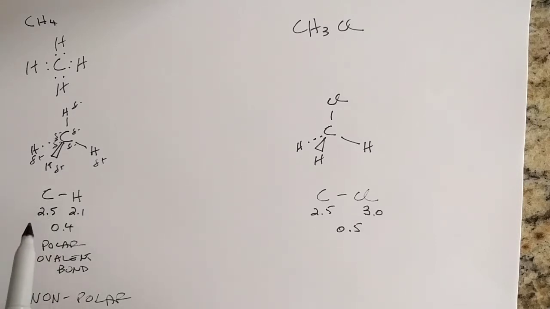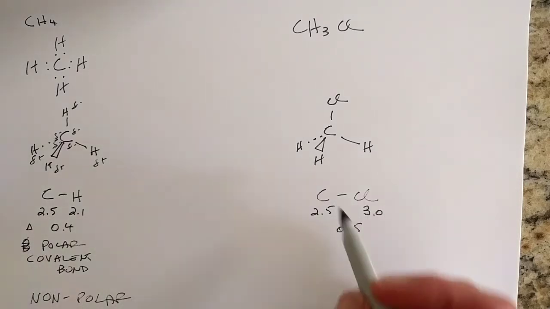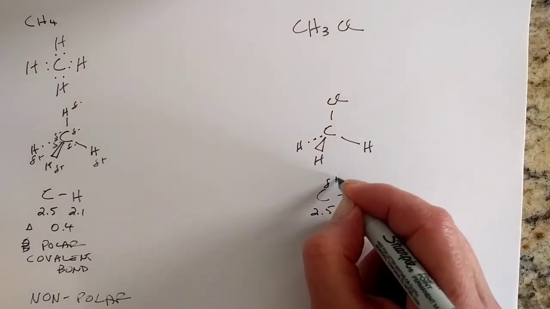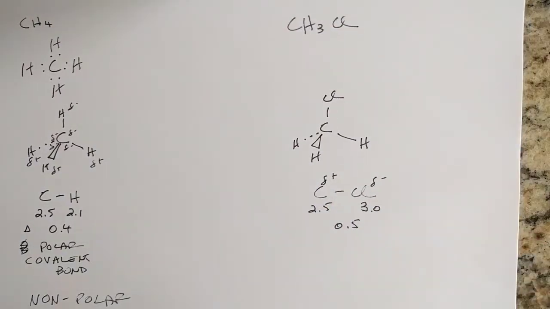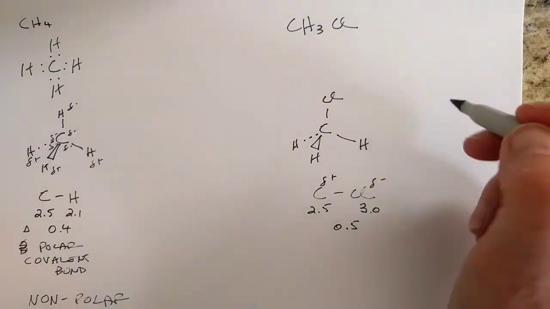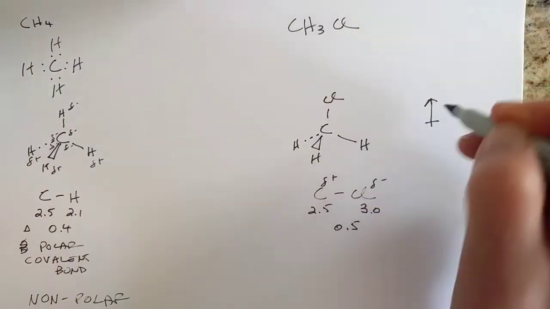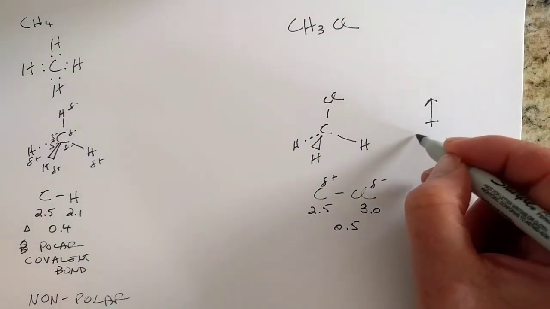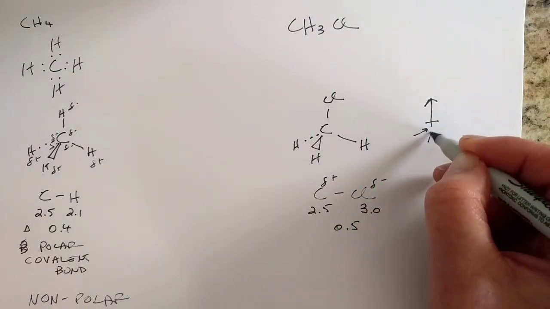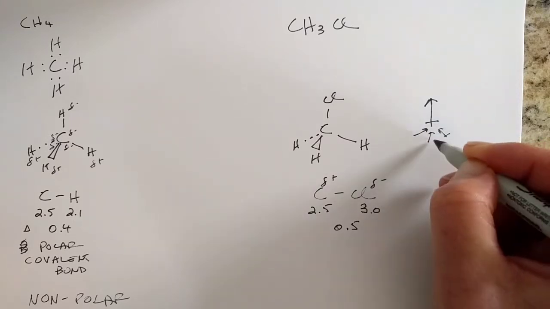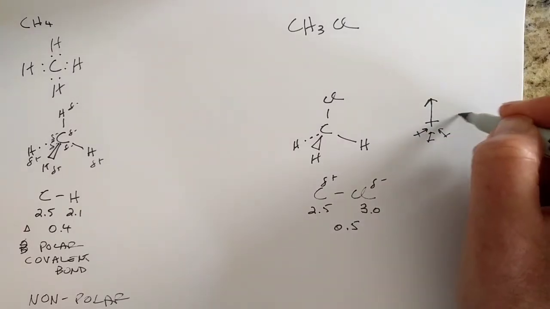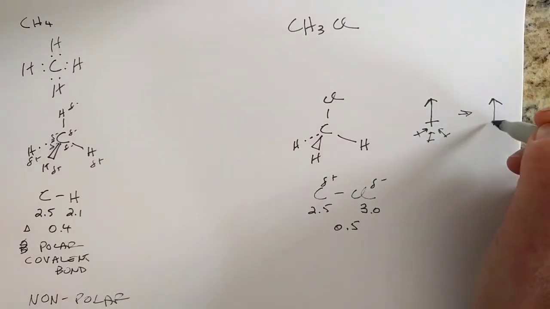And here the carbon has the delta plus. That is the delta minus. So that means we're going to have a dipole going up towards the chlorine, and then these three dipoles are going to be heading into the carbon. So that means that our dipole moment is going to be up.